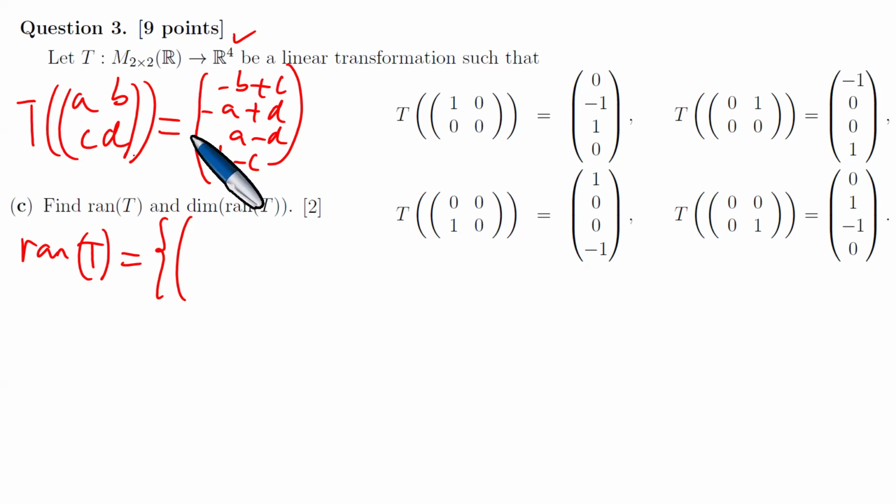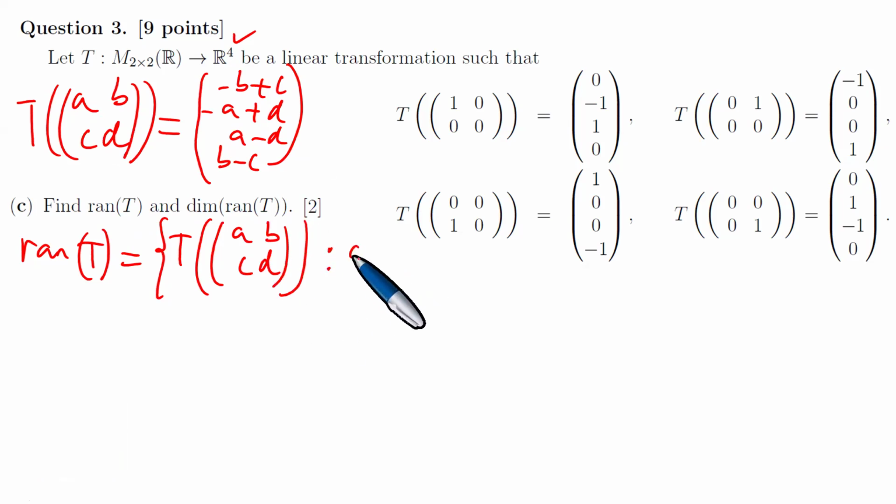So the range would contain these, minus B plus that. There are many ways, but let me write it like this, I think it's nicer. The range of T would contain the set of the images, so it would contain the A, B, C, D, like so.